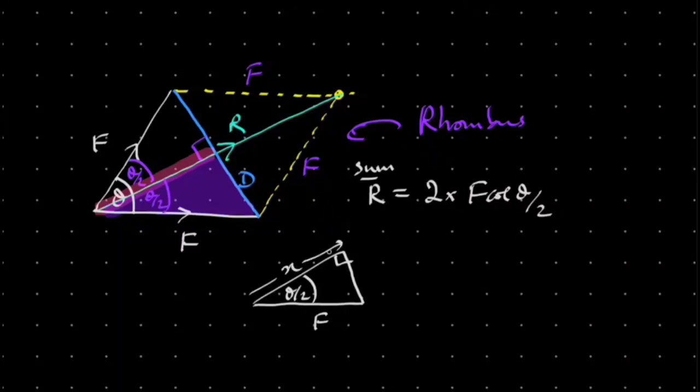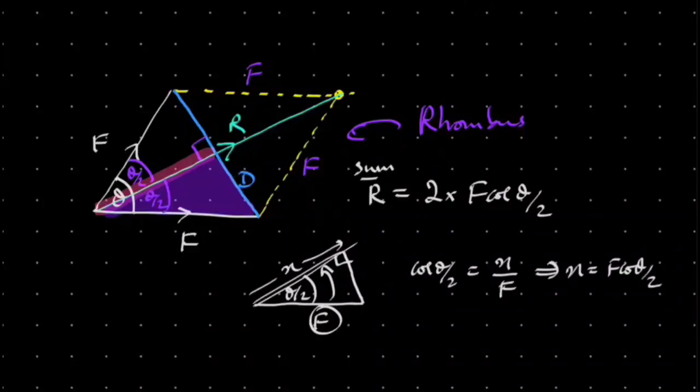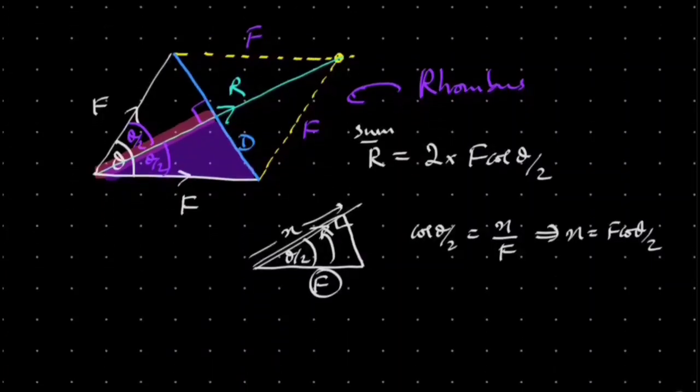And if I'm looking for this side, I can write the cosine of the angle theta over 2 as x over f, which in turn gives me x equal to f cos theta over 2. Or you can also think of it as resolving f into this direction. Either way, we can get that length. So see, R is twice f cos theta over 2.